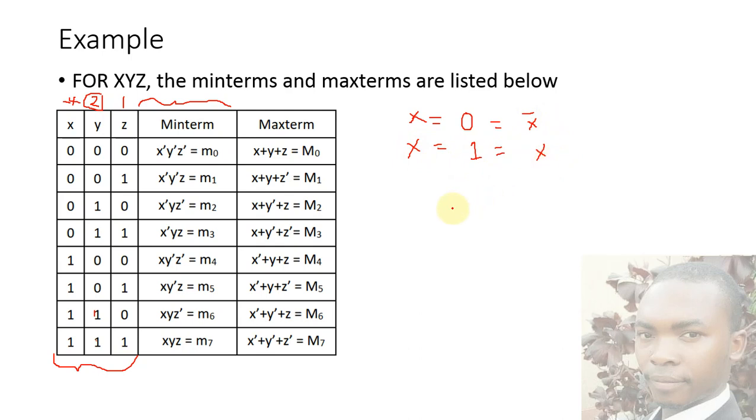You can write it with a bar, or you can write it with a complement here. So this and this are the same, they all mean not x.